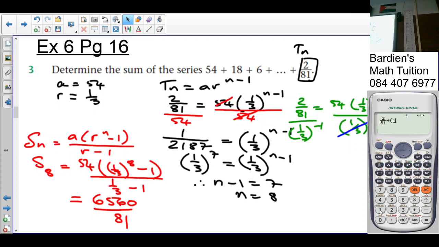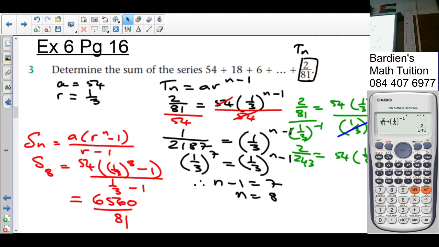divided by, so what did you get once you divided 2 over 81 by a third? Negative 1. You should have gotten that there. It's 2 over 243 equals 54 into a third raised to the n. Then your next step would have been to divide by 54 as well.